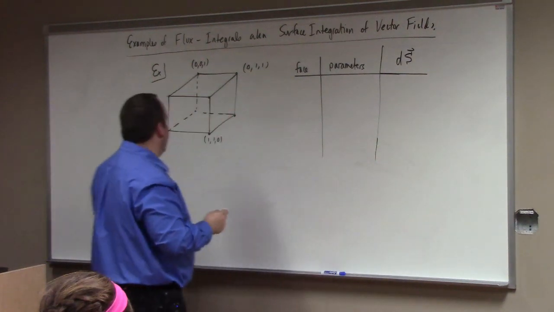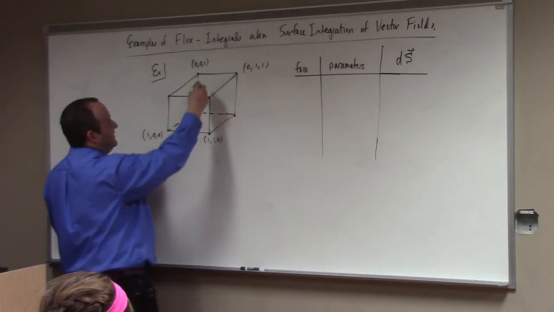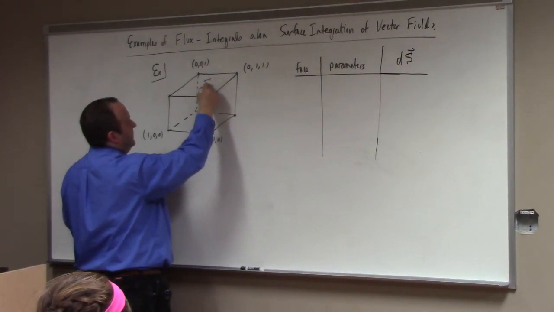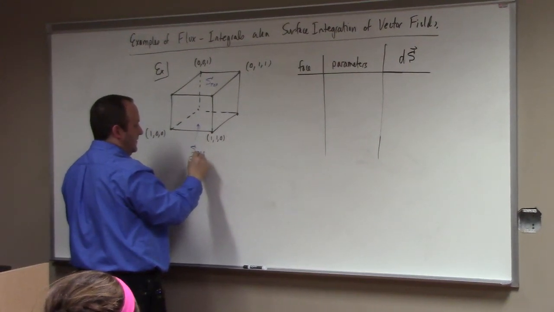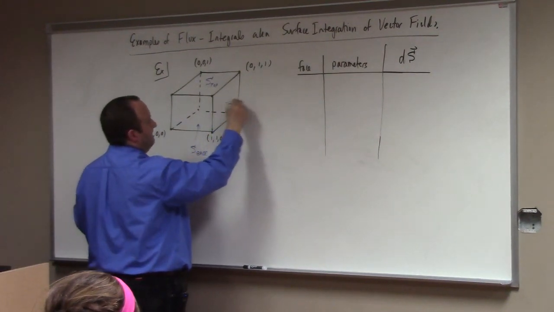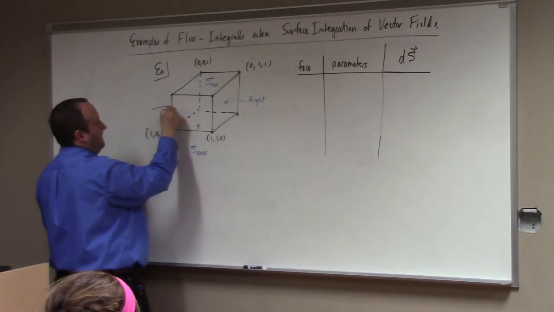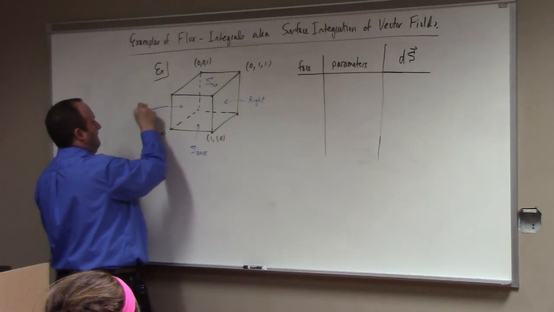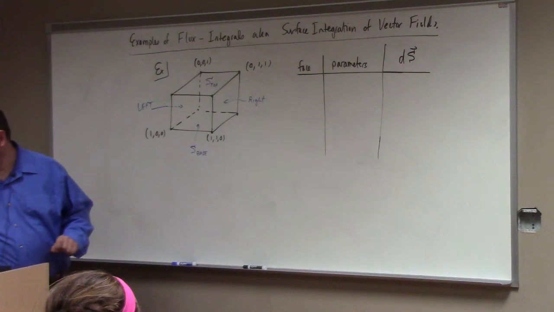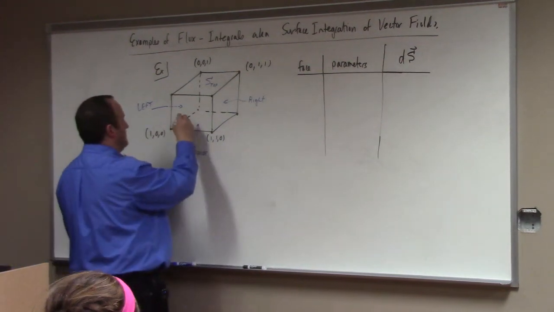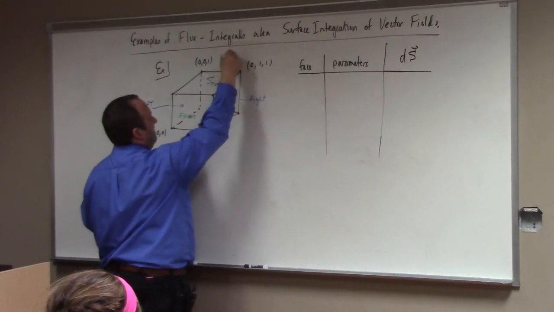I need to come up with a way to label the faces, so let's say top, base, right, left, and then front, and then back.